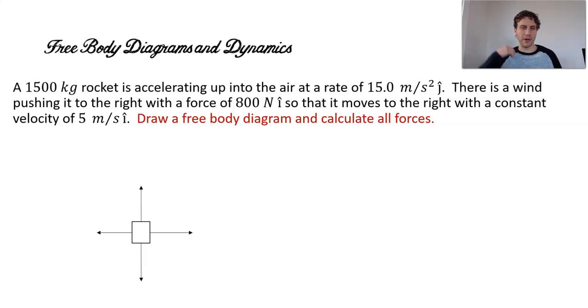So, free body diagram. Not all free body diagrams are going to have forces in all four directions, right? Sometimes they'll just have it in 2 or 3, maybe 1. With this one, we've got a couple forces. We've got a lift force shooting the rocket up. We've got gravity pulling it down.